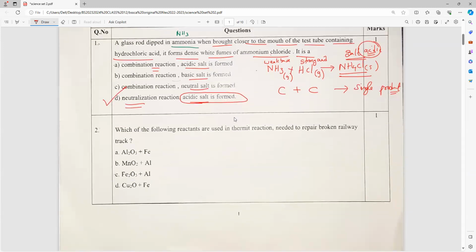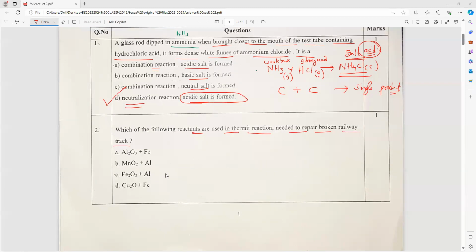Next, which of the following reactants are used in the thermite reaction needed to repair broken railway tracks? Thermite reaction means two reactions will come into our mind.